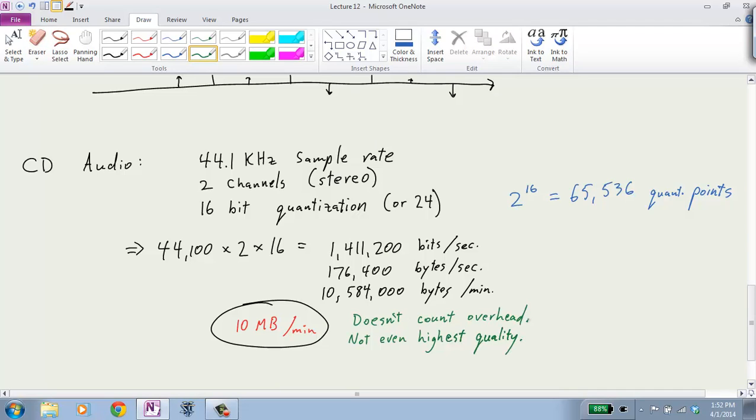Yes? I've seen levels of CD audio where they claim it's higher quality. And I've seen higher sampling rates as well. So does that make a difference? You actually can gain something by going to higher sample rates. It effectively is like having finer quantization.